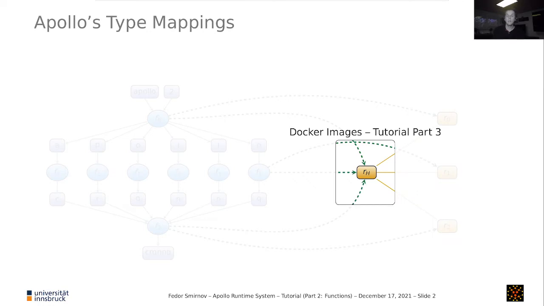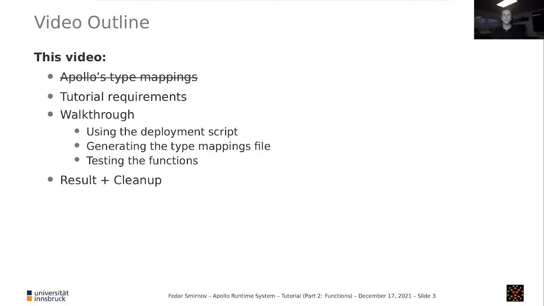And in the next video, we will then see how to do the same thing by creating Docker images and being able to execute things on your local resource. And after that, we'll put everything together to have a running application. Okay, so that was just the context. So this is what I mean when I refer to type mappings, and you now probably also have a better picture of what we are going to be doing in this video.